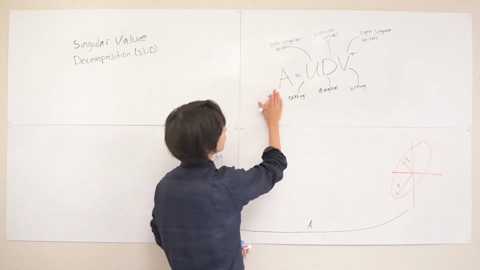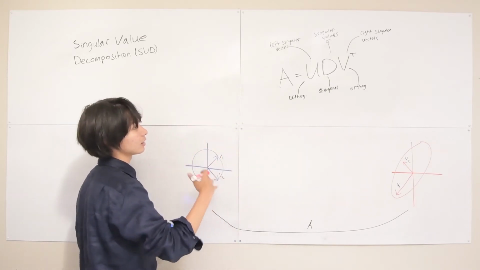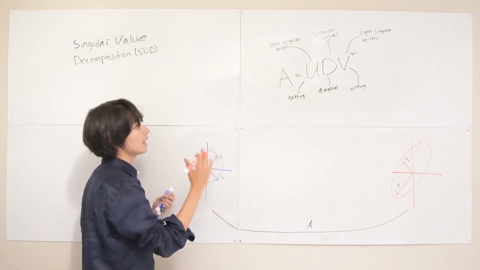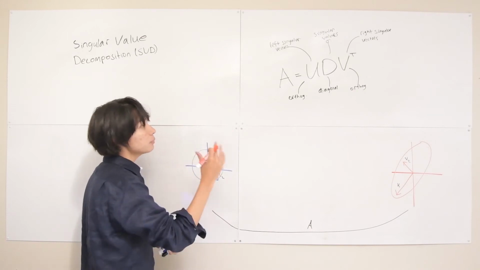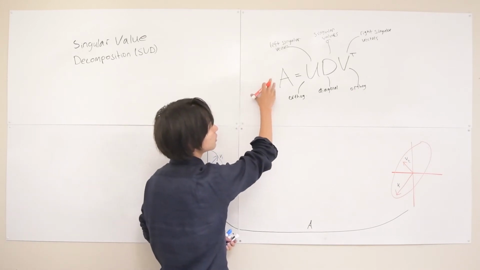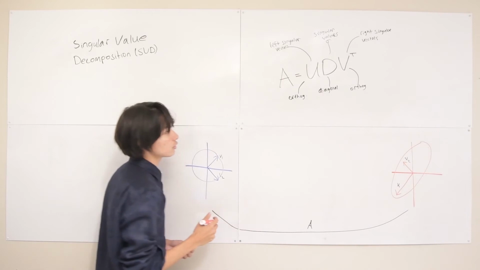But what we learned here is that any A, and it doesn't have to be square anymore, can be broken down into three separate matrices. So any transformation can be split into three separate, smaller transformations.